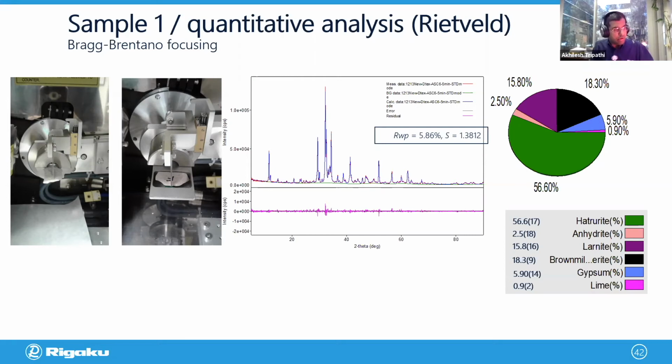Although, like I said, this will tell the information from the top parts. In this case, one can easily see these are cement phases, which is a ceramic material: hardurite, anhydrite, larnite, brownmillerite, gypsum, and lime. These names are used by people in the cement industry, but these are calcium oxide or calcium sulfate type compounds.